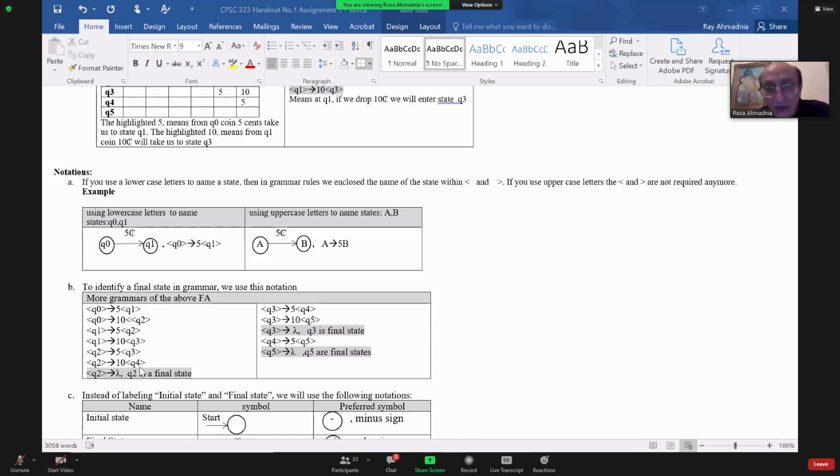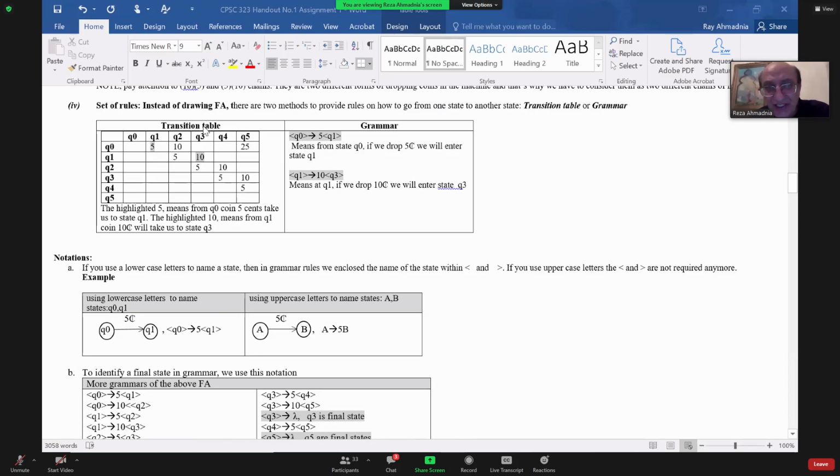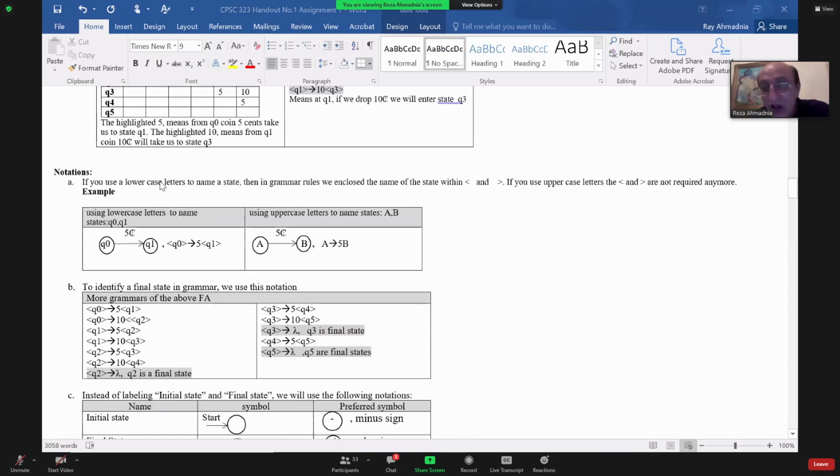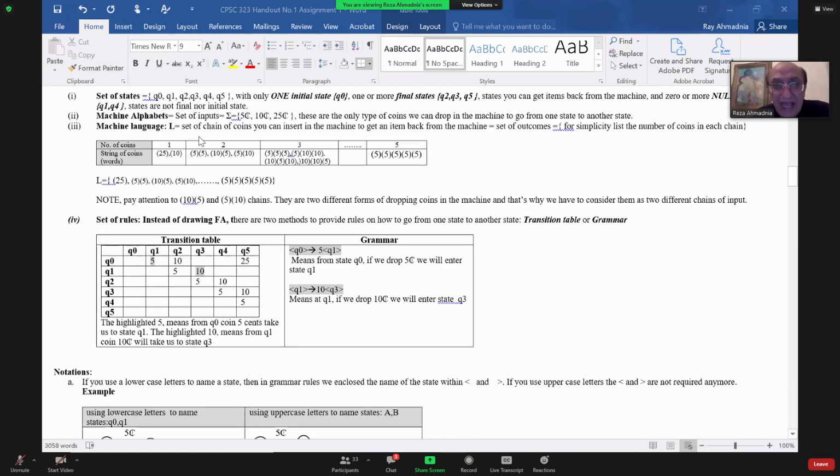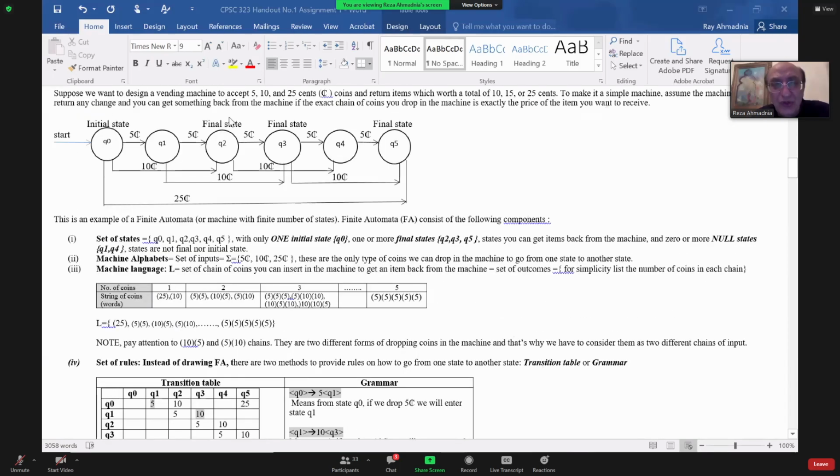Now, how do you indicate the final states in the grammar? In a transition table, I have to write them. Q2 is a final state, Q4, Q5 are final states, and so on. How do you bring that information to your grammar? At Q2, I can get something back from the machine because it is a final state, so I can stop.